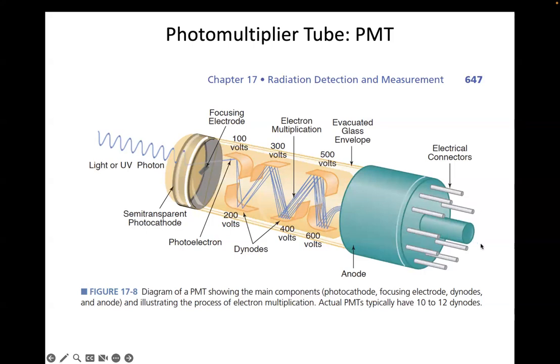And this is called a photomultiplier tube. And it's been around for a really long time. I used it as an undergraduate physics student to do laboratories in second year undergraduate physics. And it's still used a lot in nuclear medicine, right?